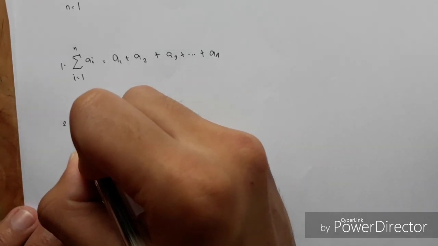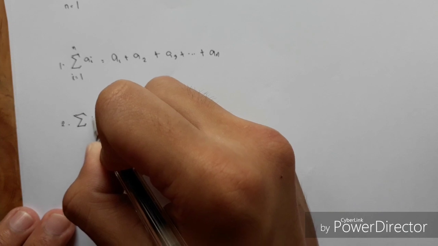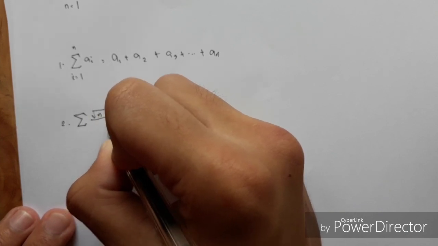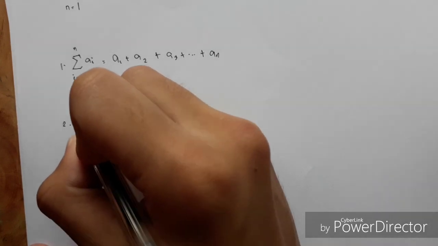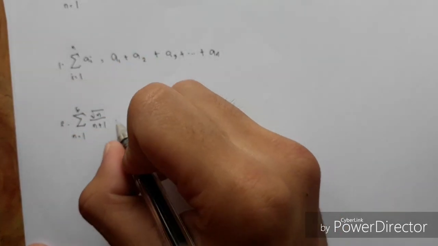The second example is the summation of square root of n over n plus 1, where n is equal to 1 to 6.